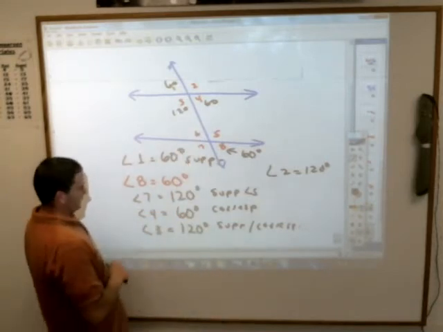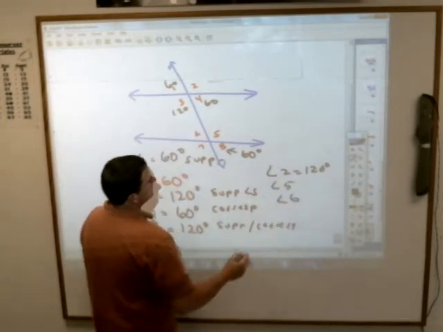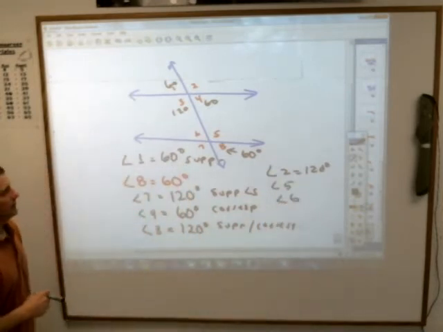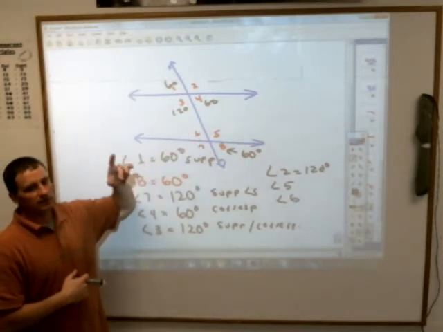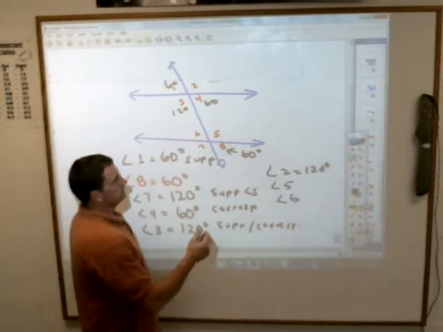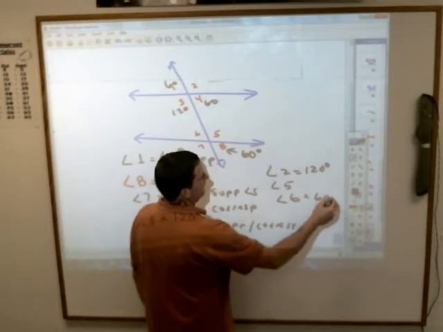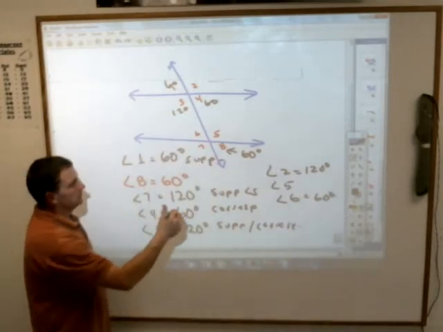So we're just missing angle what? 5 and 6. Angle 5 and angle 6. Let's do angle 6 at 60 degrees. Why? Ava? It's an alternate interior. Alternate interior angles are equal. And the last one, angle 5 is how many degrees, Howard? 120.